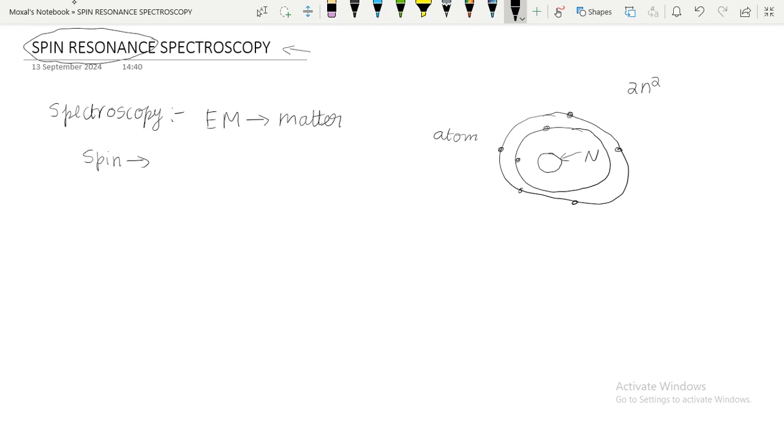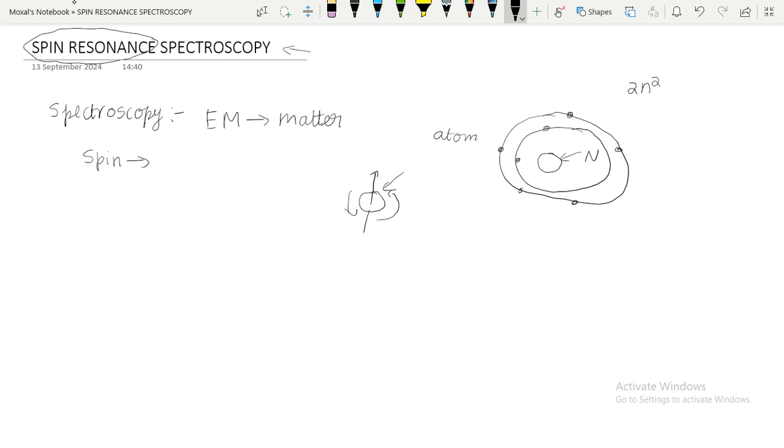So now, what is spin? Okay, so we know these electrons are revolving around the nucleus. Right. Also we have assumed this electron can spin along its axis. Okay, so it's not really spinning.